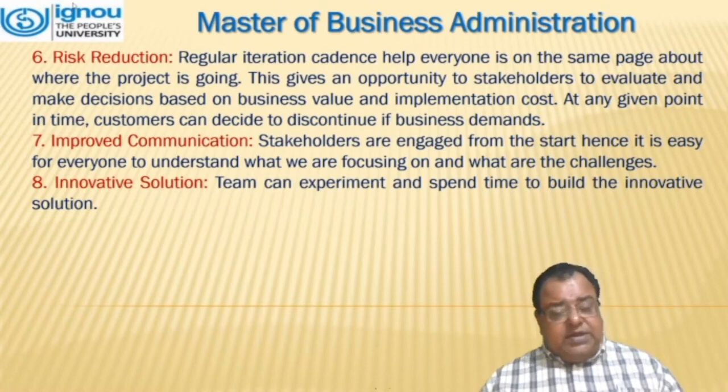Improved communication. Stakeholders are engaged from the start, hence it is easy for everyone to understand what we are focusing on and what the challenges are. The eighth one is innovative solution. Team can experiment and spend time to build the innovative solution.